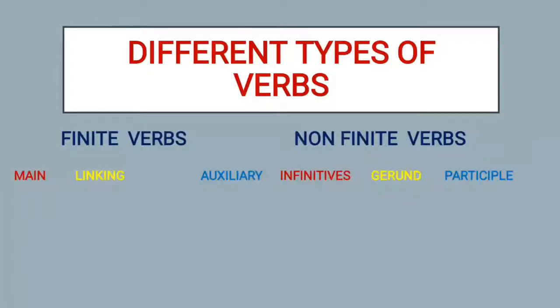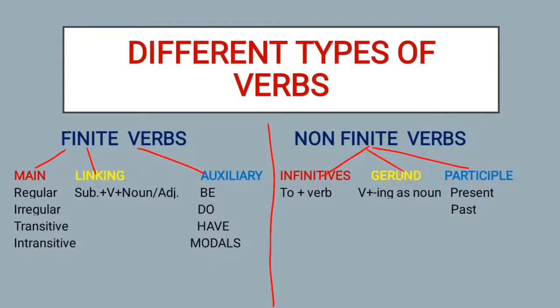Now, finite verbs include main verbs, linking verbs, and auxiliary verbs. Whereas non-finite verbs include infinitives, gerunds, and participles. As you can see here, main verbs are further divided into regular, irregular, transitive, and intransitive.